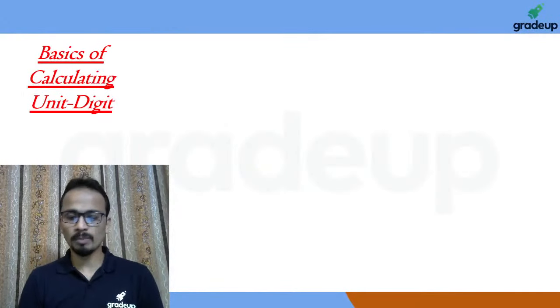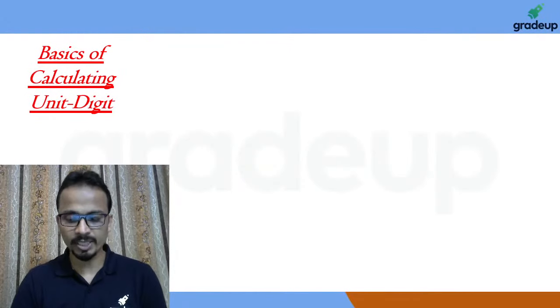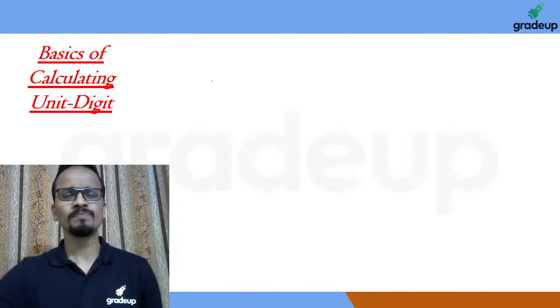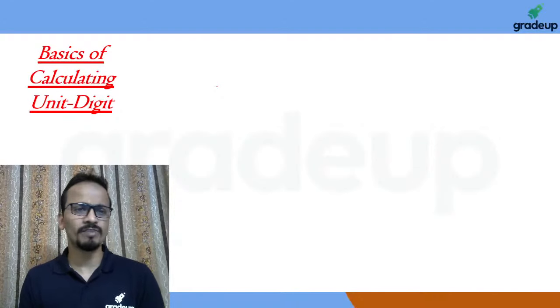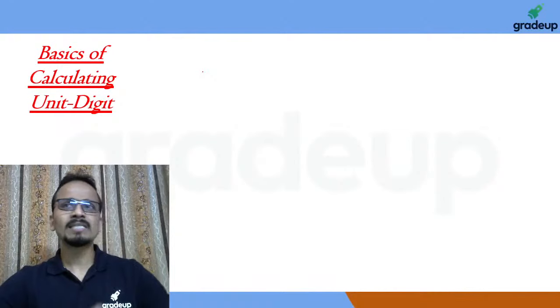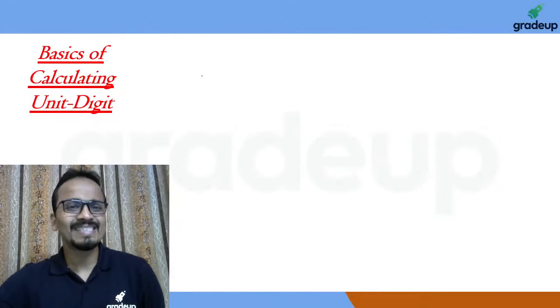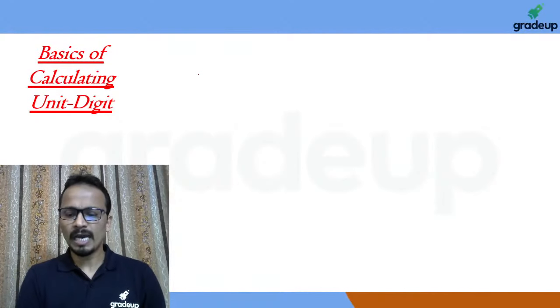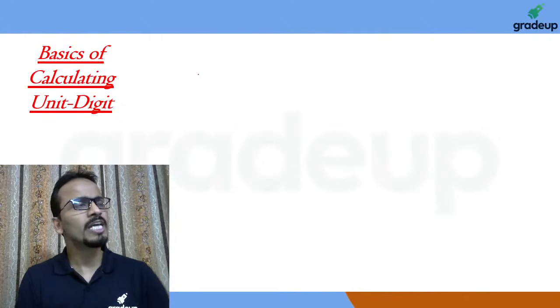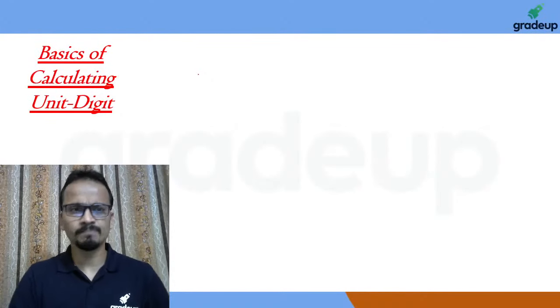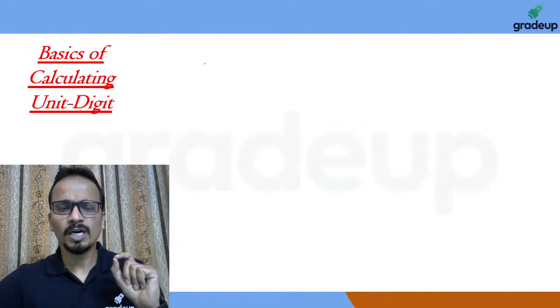So let's talk about the basics of calculating the unit digits. Now, what is a unit digit? Obviously, we all know it is the rightmost digit of a number. Now, if I do not look at multiplications or the powers of any numbers, and just look at calculating the unit digit in calculations like addition and subtraction.